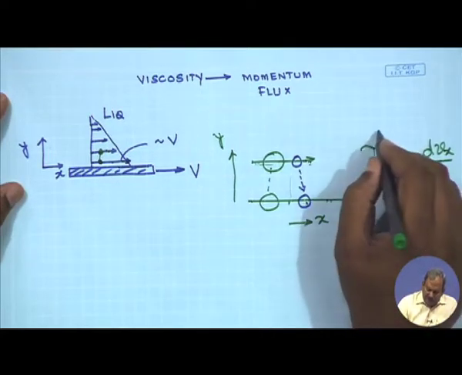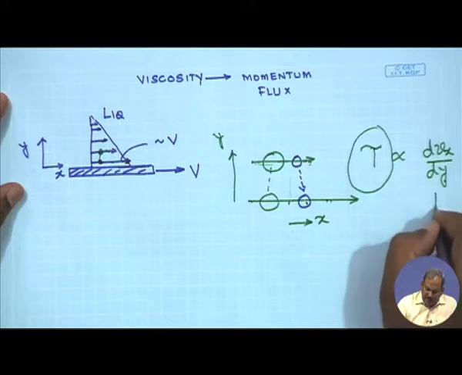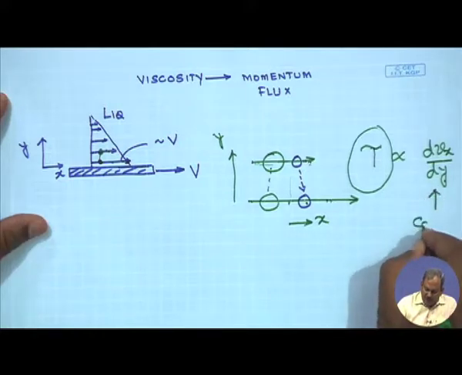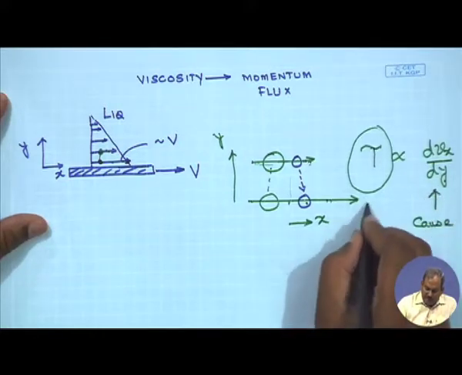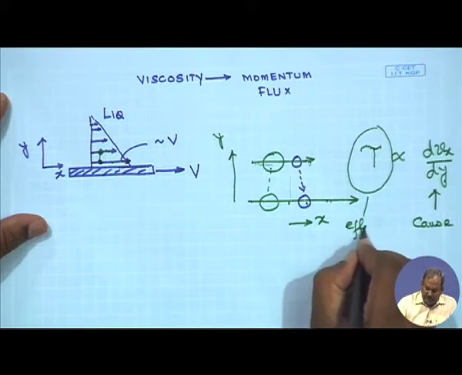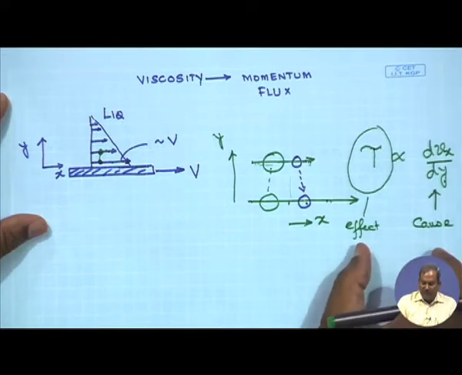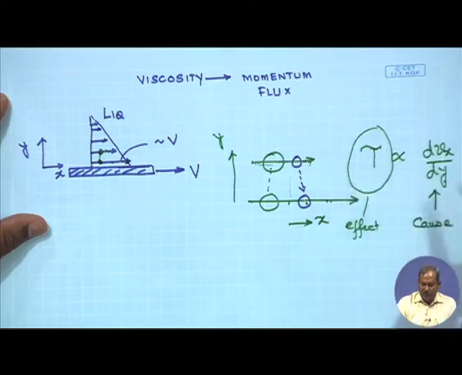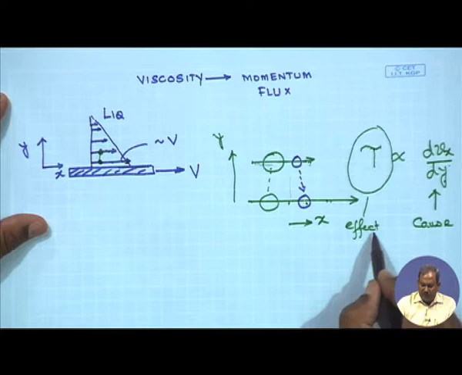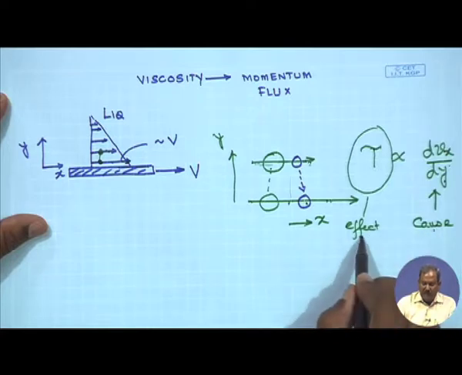Now, you can also think of this as a cause and this as the effect. So, the relation between the shear stress and the velocity gradient is nothing but the relation between a cause and an effect.